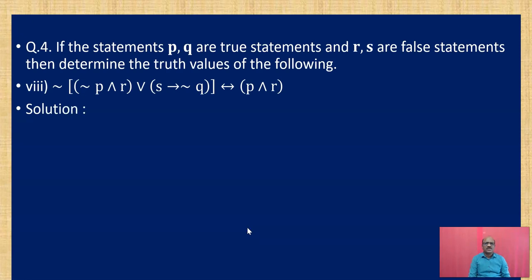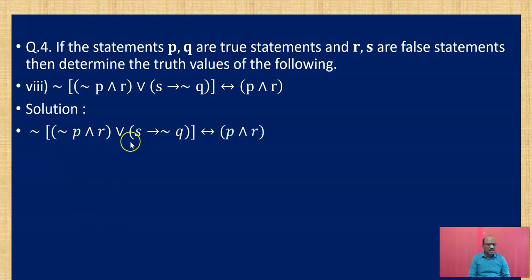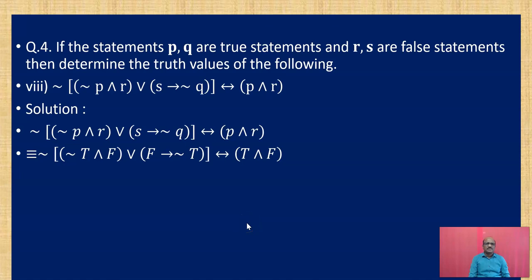The next question. Again, negation in square bracket, negation of P and R, or (S implies negation of Q), double implication P and R. Substitute the values and you will get the answer. It's a simple one. Solve one by one.